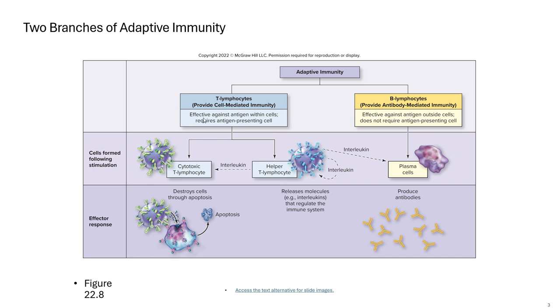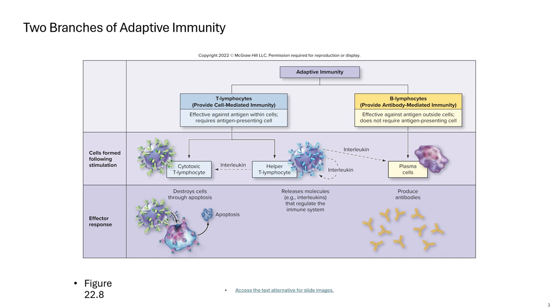So cell-mediated, this is occurring whenever there are pathogens, antigens, foreign microbes that have entered cells. So they're within cells. And in order for our immune system to mount an immune response against it, it has to be presented to them, right? So in other words, the antigen, and we'll talk about the term antigen in a moment, but the microbe, if you will, the virus, the bacteria, it has to be shown to the immune system.